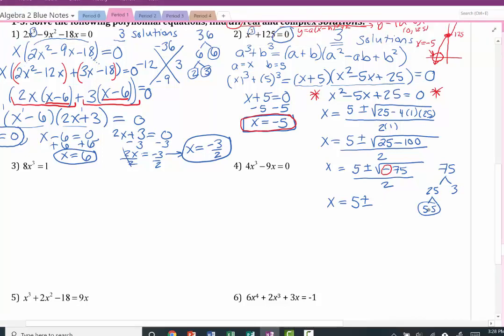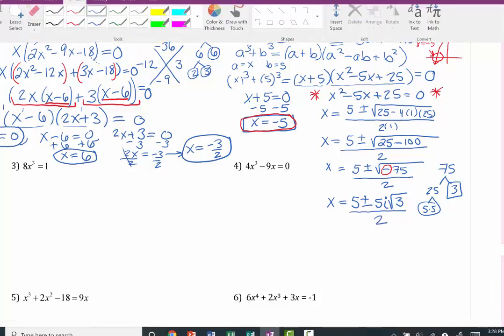So when I pull out the perfect square of 5, I also put an i in front of that square root. The single factor of 3, right? 5 times 5 times 3 makes 75. That single factor of 3 remains under the radical. The perfect square, the double 5s, are pulled out. Take the square root of that as 5. The square root of negative 1, we call it i. And all of that is over 2.